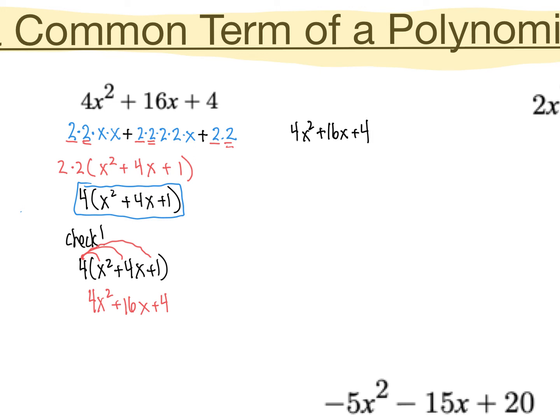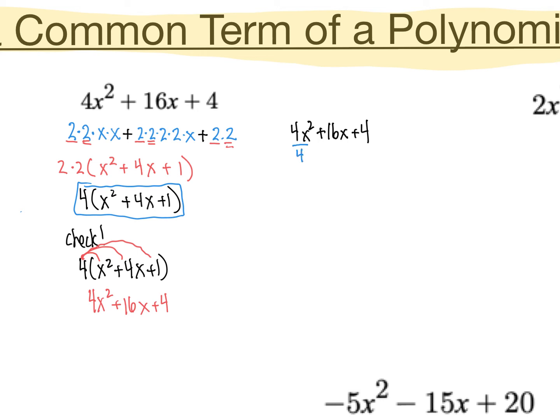And I look and I can see that each one of these doesn't have an x to give. This has an x squared, this has an x, and this one doesn't have any x's. And so therefore, I'm not going to be able to pull an x out. But if I look at these coefficients right here, the 4, the 16, the 4, I can ask myself, what is the biggest number that can divide into a 4, a 16, and a 4 evenly?